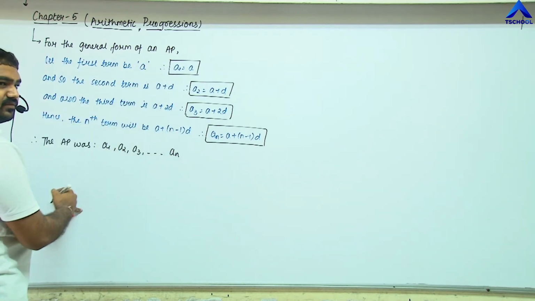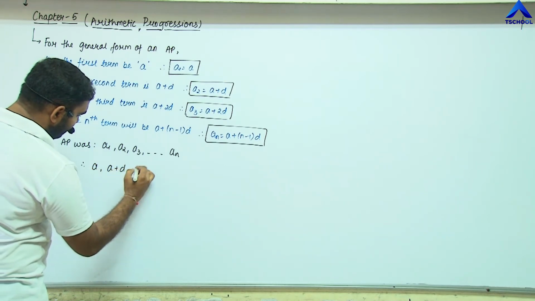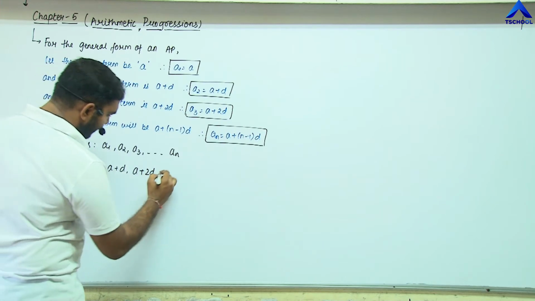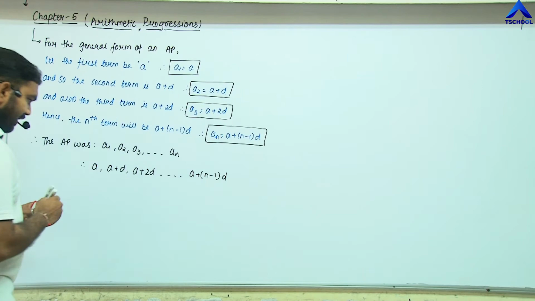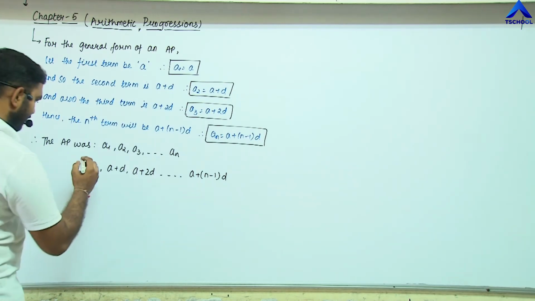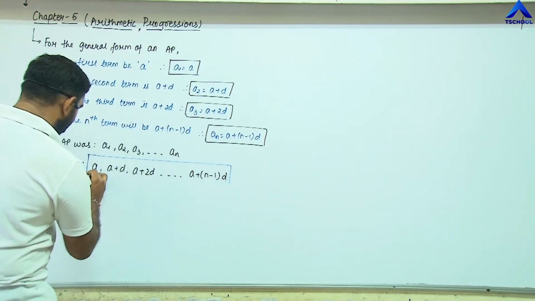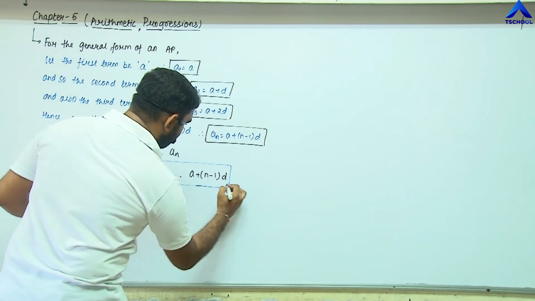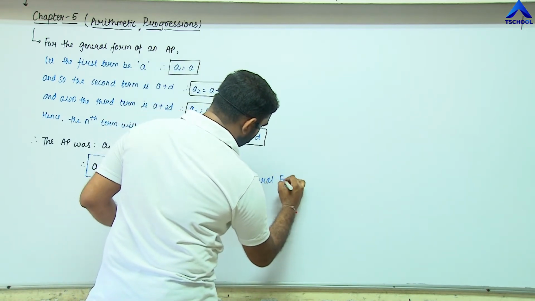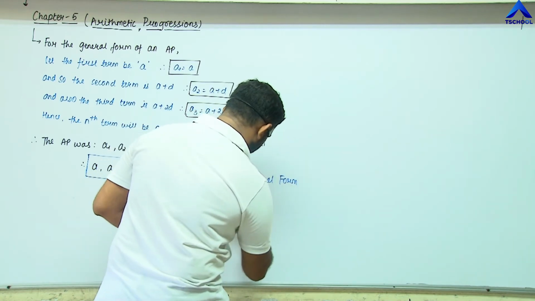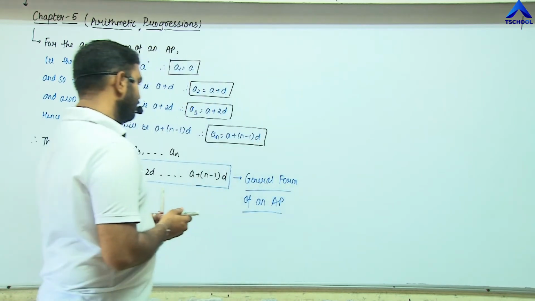Putting down the values from these boxes, therefore a, a plus d, a plus 2d up to a plus n minus 1 into d. So this, a plus d, a plus 2d up to a plus n minus 1 into d, gives me the general form of an arithmetic progression.